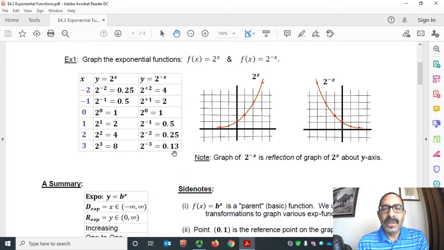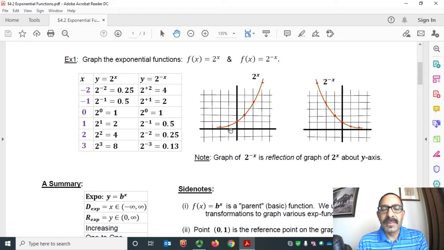So now let's plot those points on the graph. In the first graph, we are plotting the points for y equals 2 to the x. So the point is -2, 0.25. So here's -2, 0.25 here. Next, -1, 0.5.